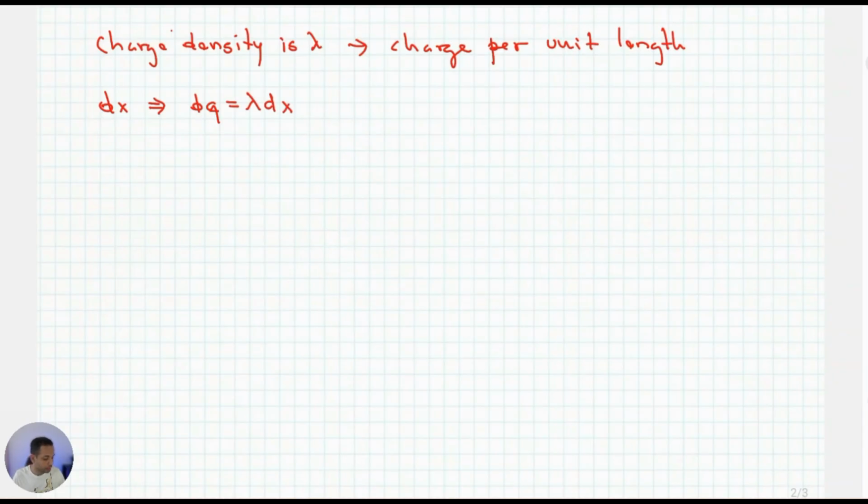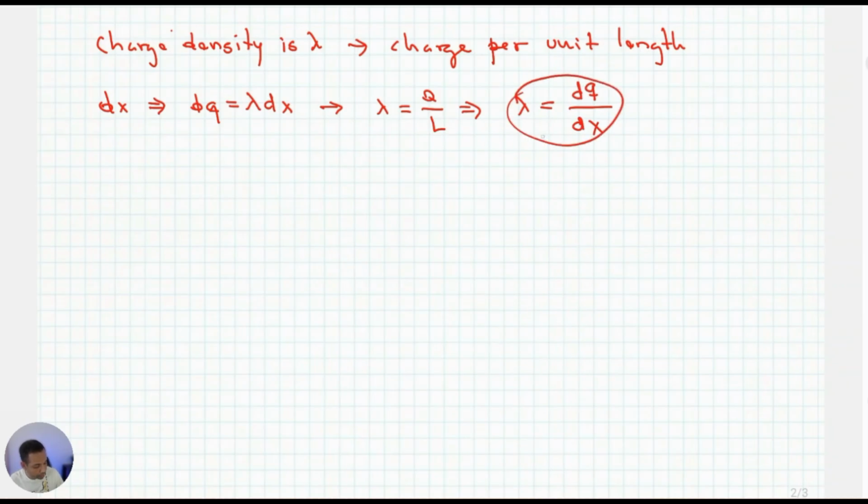This is from the definition: lambda is charge per unit length, and for the differential element of charge dq, its length is dx.